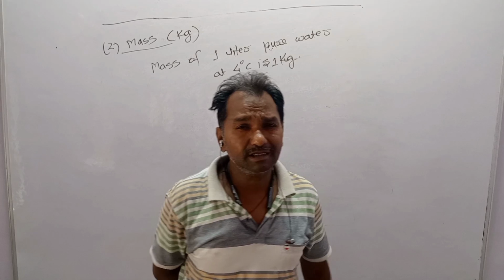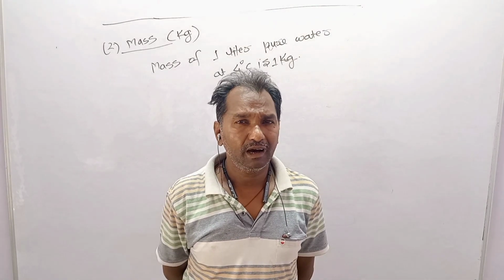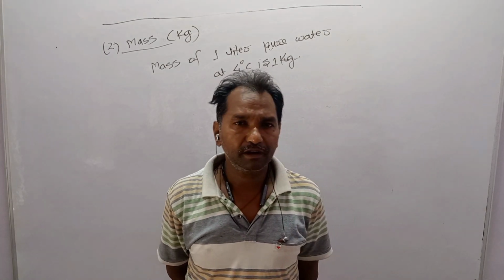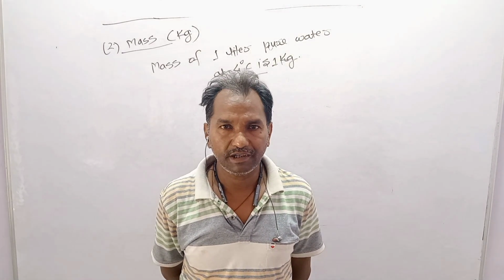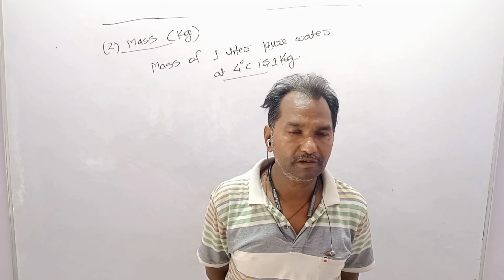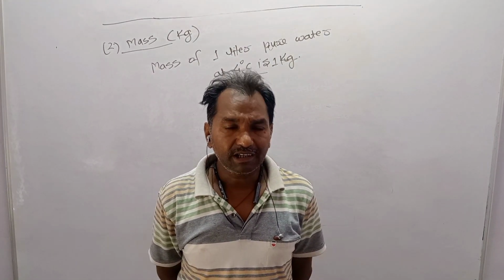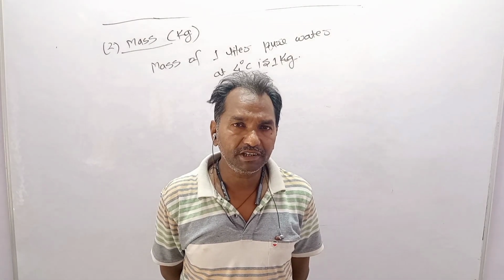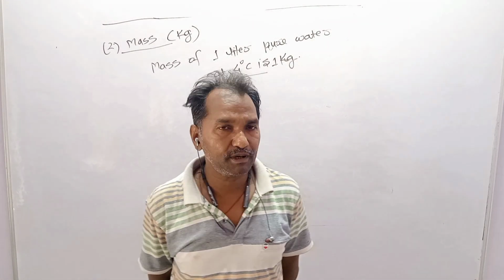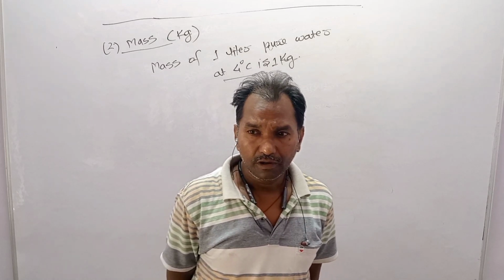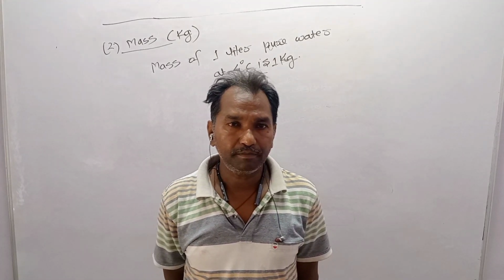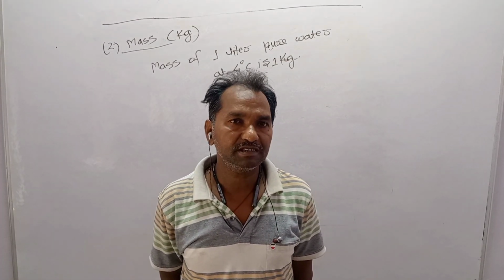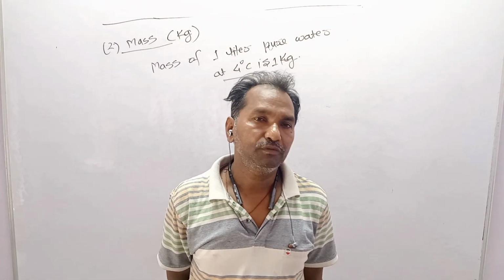Dear students, this is a prototype actually, and it consists of 90% platinum and 10% iridium. So the mass of that prototype cylinder made of platinum and iridium is also 1 kg.